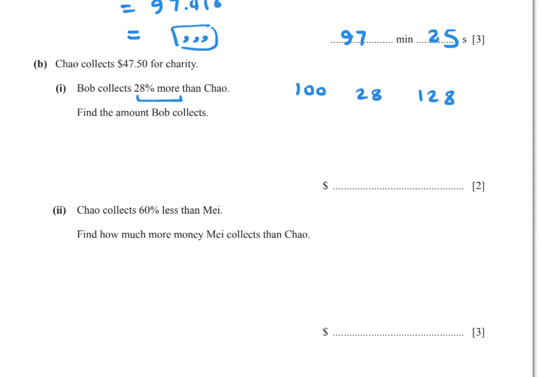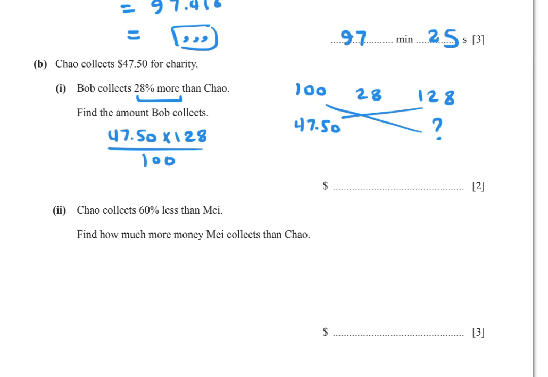So for Shaw we have 47.50, and for Bob 28% more, so we need to find this answer by cross multiplying. So 47.50 times 128 divided by 100 equals 60.8 to 3 significant figures.